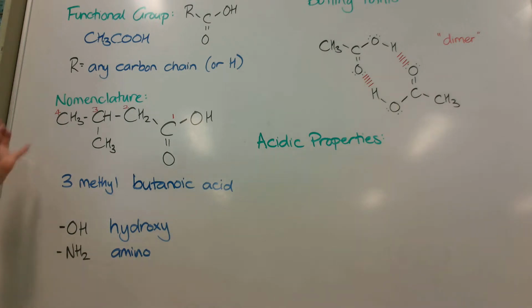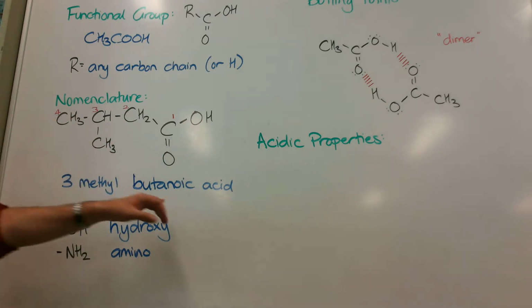That's how you'd name them if they're in a carboxylic acid. Alright, so if that was not a CH3 but was an OH instead, you'd call it 3-hydroxy butanoic acid. If it was an amino group, 3-amino butanoic acid. So we don't have to number where the butanoic acid part or the acid part is, it's on number 1.